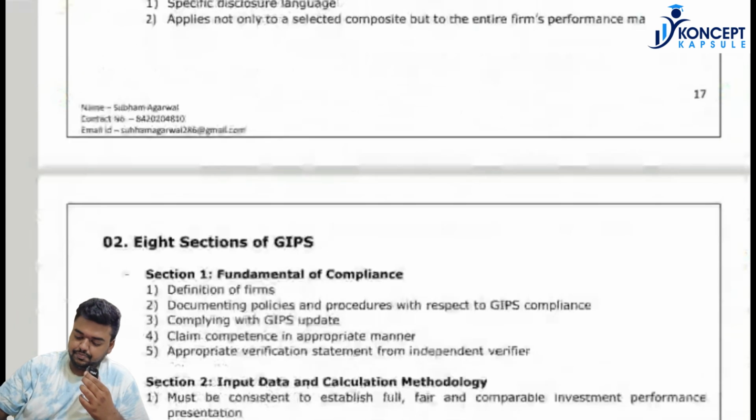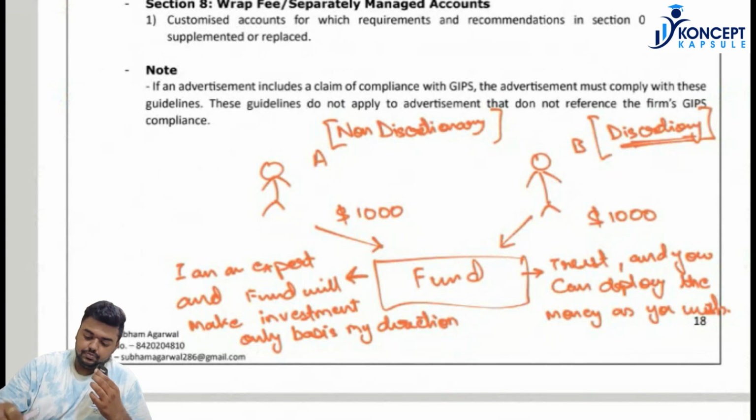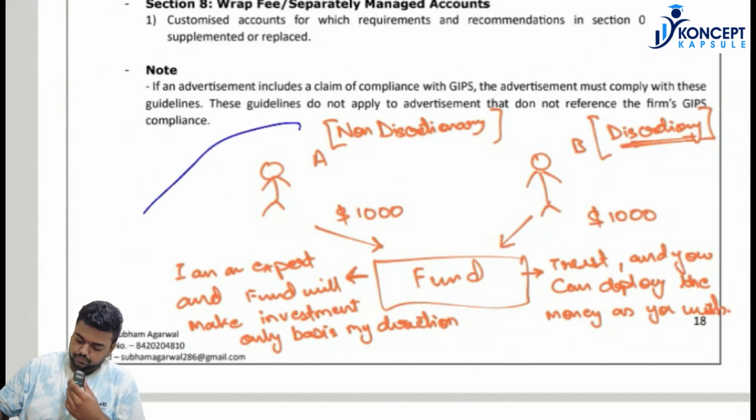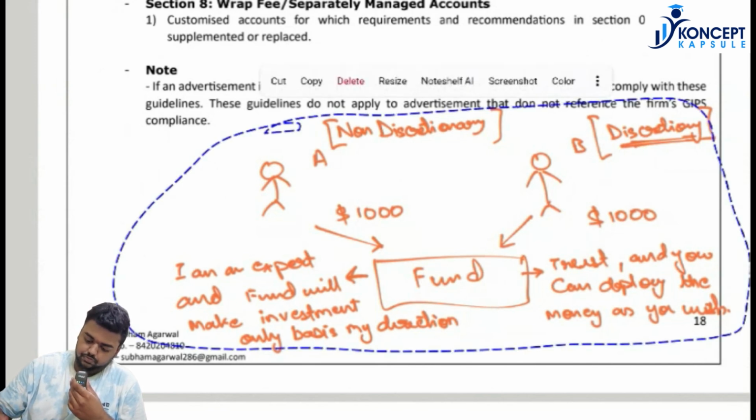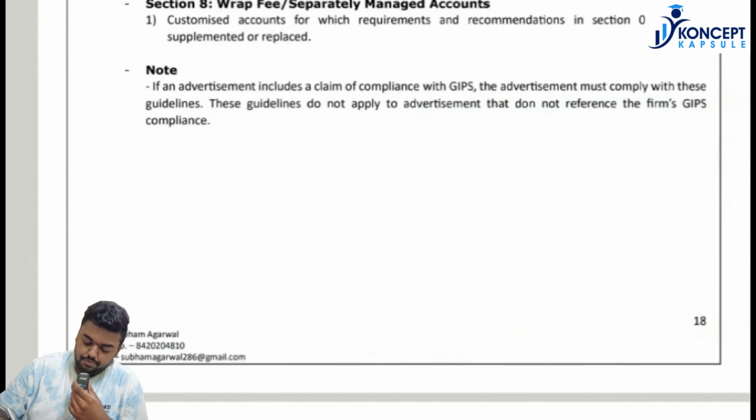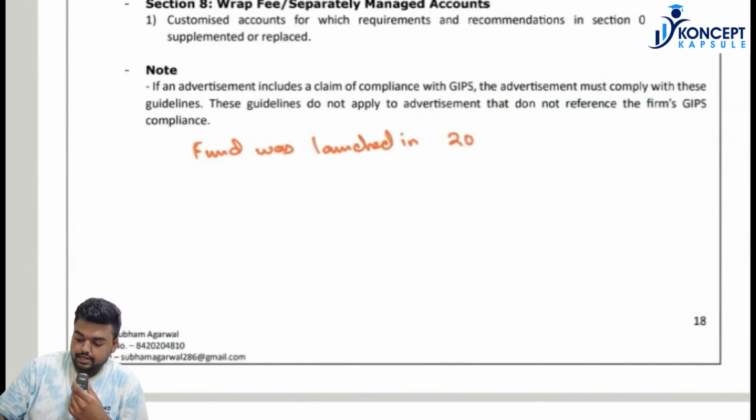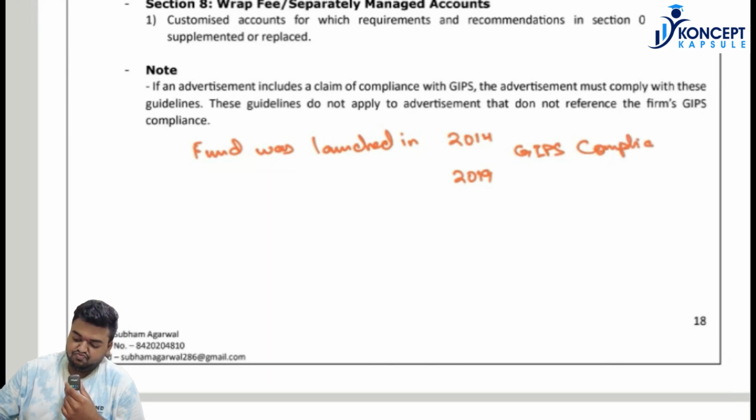So for example, suppose a fund was launched in 2014, okay, so till 2019 they have to show GIPS compliance information, in 2020, and every year after this they have to be GIPS compliant.